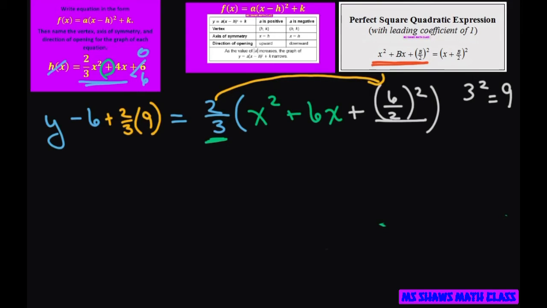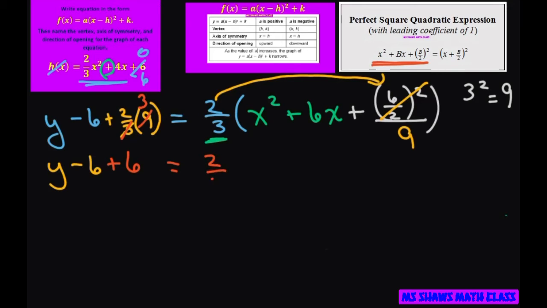All right, now cleaning up, let's go ahead and write this as a 9. Now straightening this up and simplifying each side of the equation, this is going to be y minus 6. 3 goes into 9, 3 times 2 is 6. So that's going to be that.